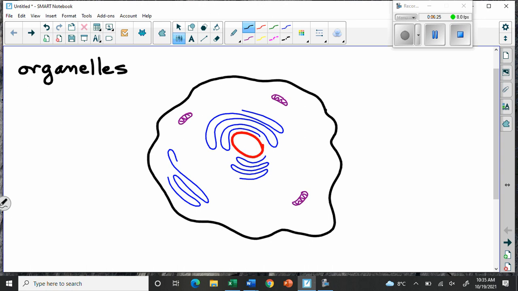Well, these are not organs because organs, of course, are very large structures that are made of many cells. These are little sort of machinery parts inside a single cell. So we call them organelles, which kind of means like little tiny organs, but they're not the same thing at all. So that's what they're called, organelles. So I'm going to erase that now so I have room to draw and to label after.